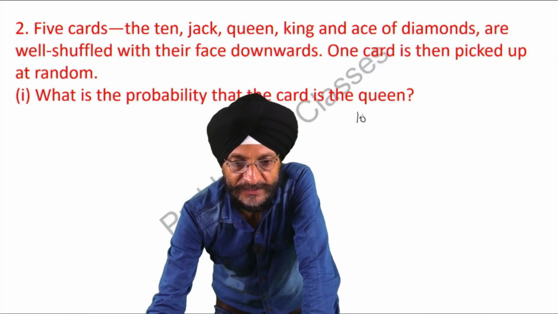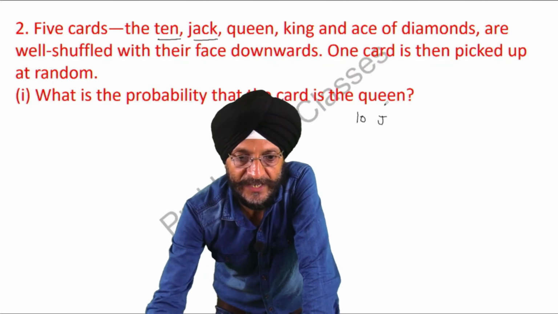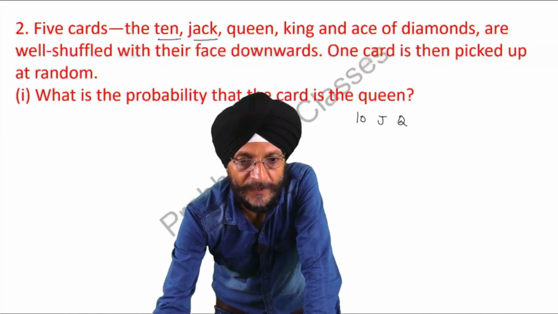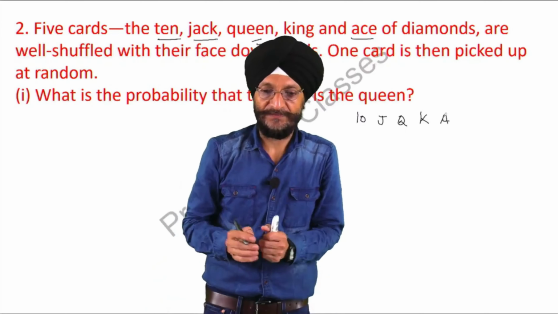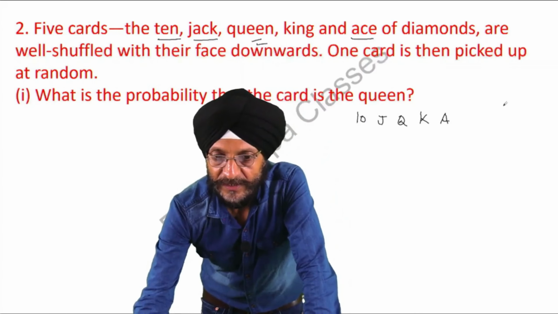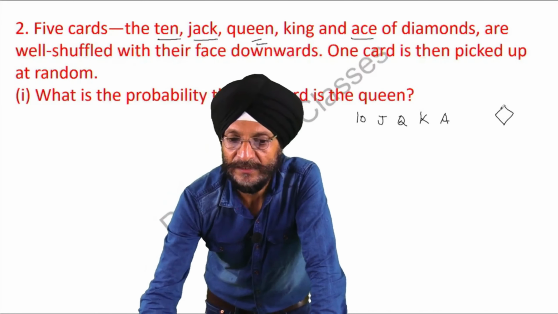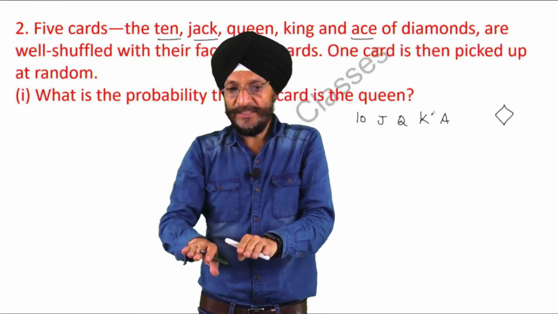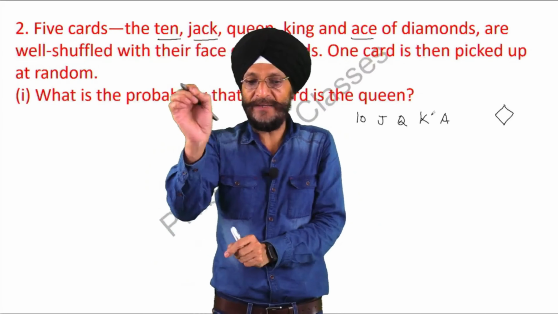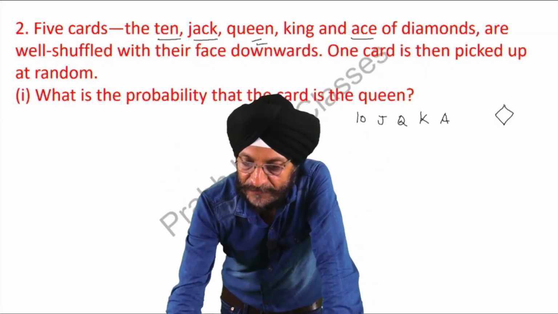There are 5 cards: 10, Jack, Queen, King, and Ace. These are the 5 cards which are diamond cards, that is the red color diamonds. These have been shuffled and their face is in downward position. And we pick up one of the cards at random. What is the probability that the card is a queen?